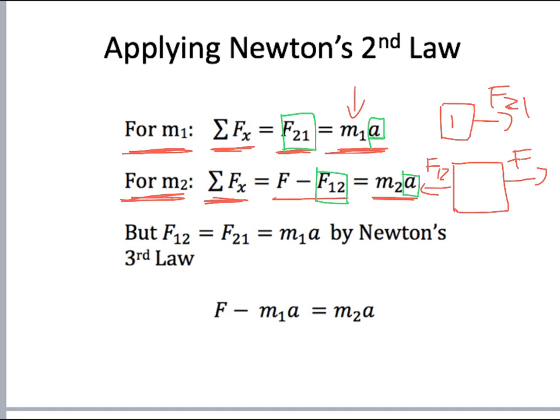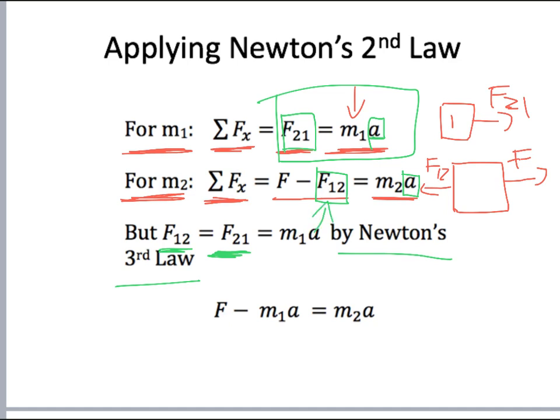But we can simplify this because we know that F12 equals F21. How do we know that? By Newton's third law. And we see up above that F21 is M1A, so I can plug M1A in right there.